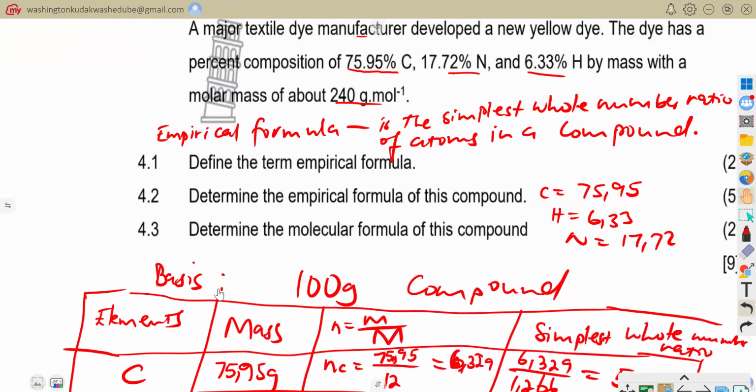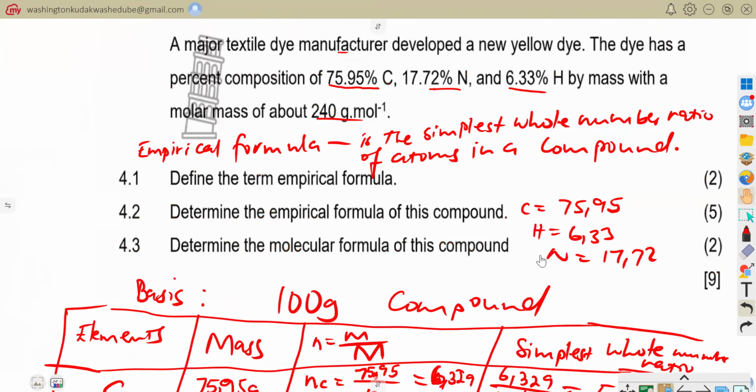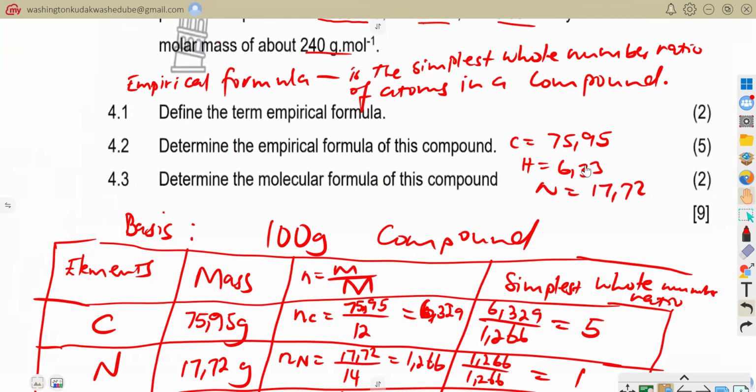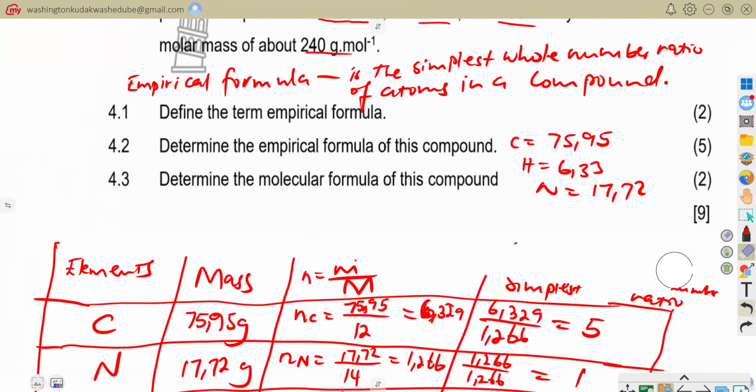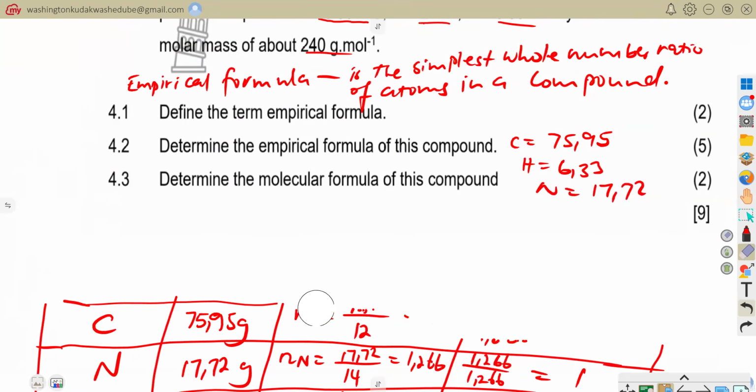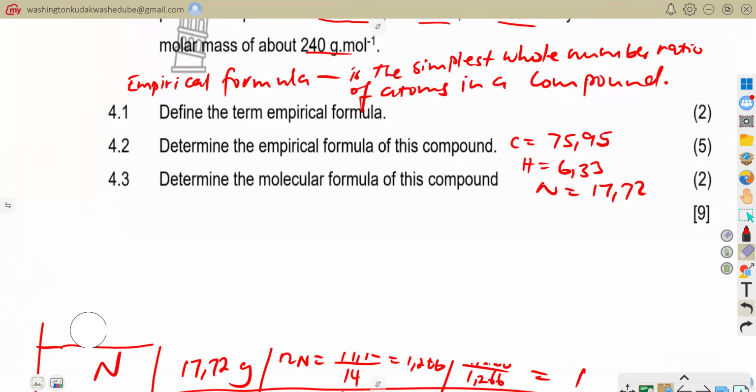They're saying determine the molecular formula of this compound. So how do I determine the molecular formula from the information that I have now? I will rub this table so that I can use this space, because we now know our empirical formula and we now know how to get that empirical formula.